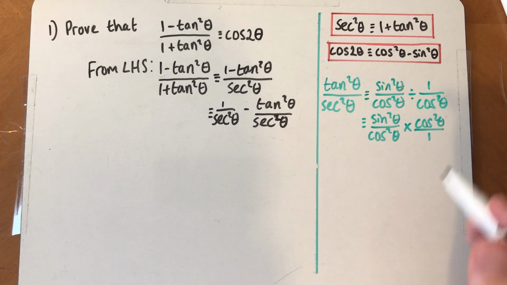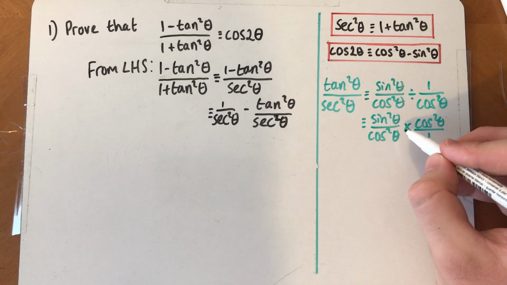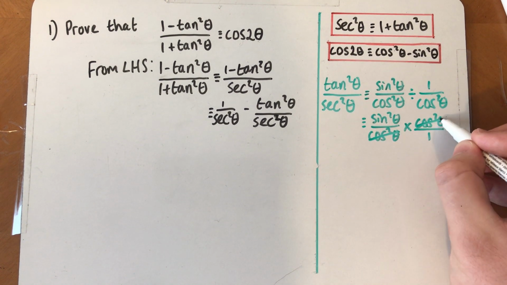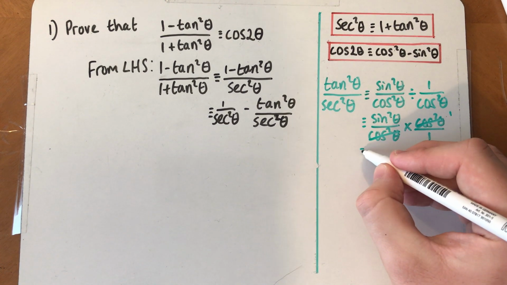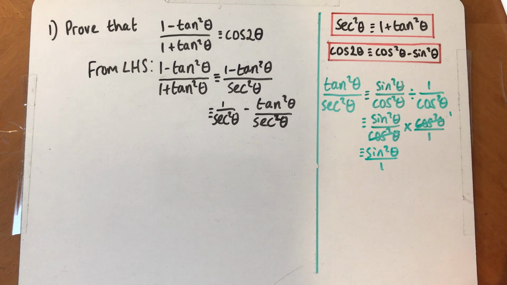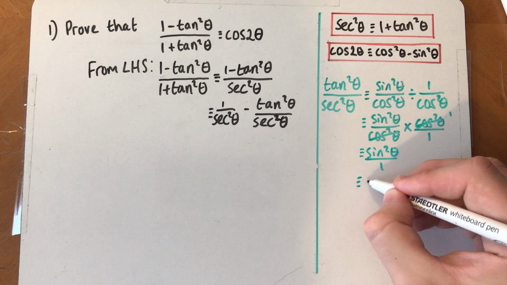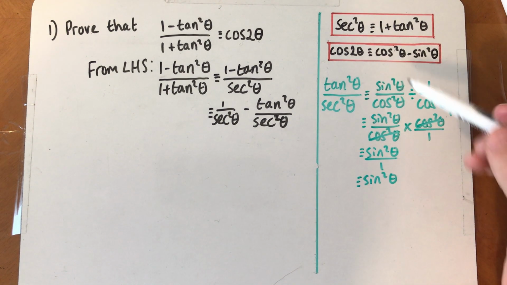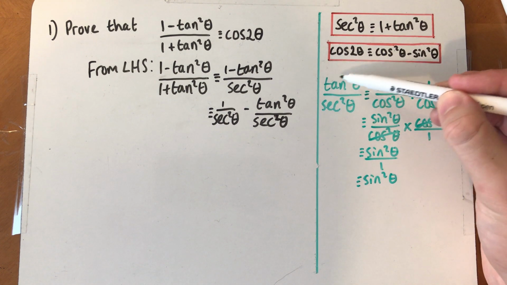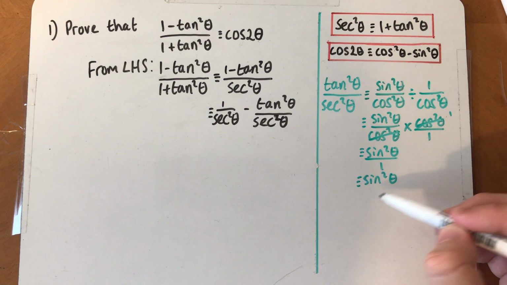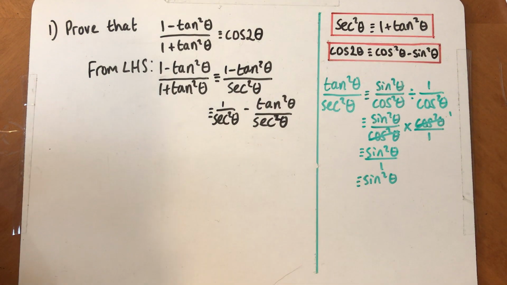Now, cos squared theta divided by cos squared theta is just 1. So this is identical to sine squared theta over 1, which is just sine squared theta. So we've shown that tan squared theta over sec squared theta is identical to sine squared theta. I'm just going to put that in there.